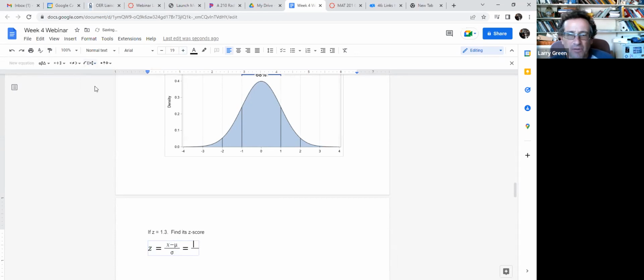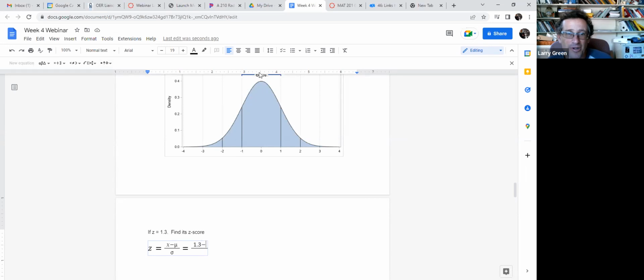to a fraction. What's x in this case? Hint is it's easy. Just have to look. So what do I plug in for the x? Yeah, 1.3. Minus, what's the mean for a standard normal curve?